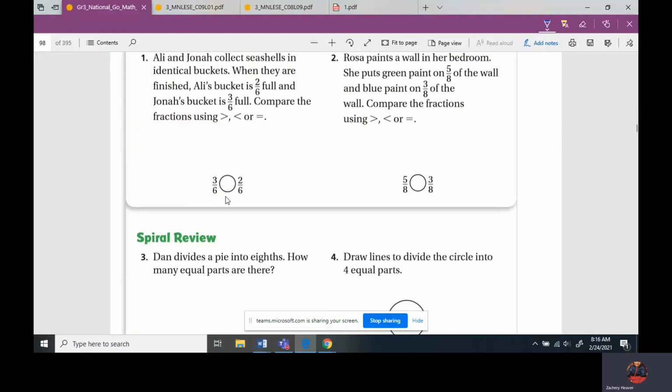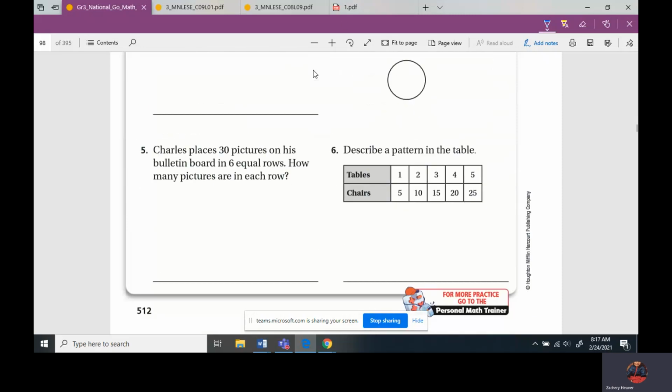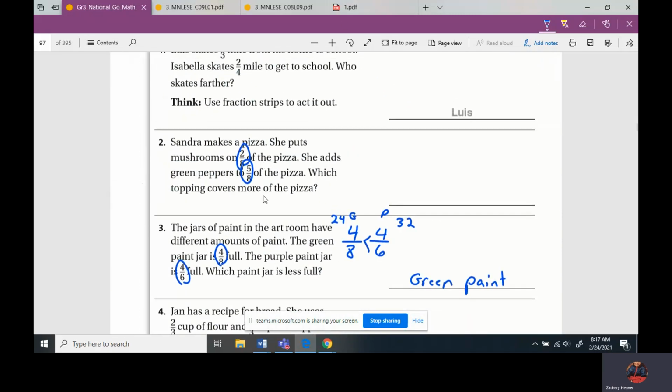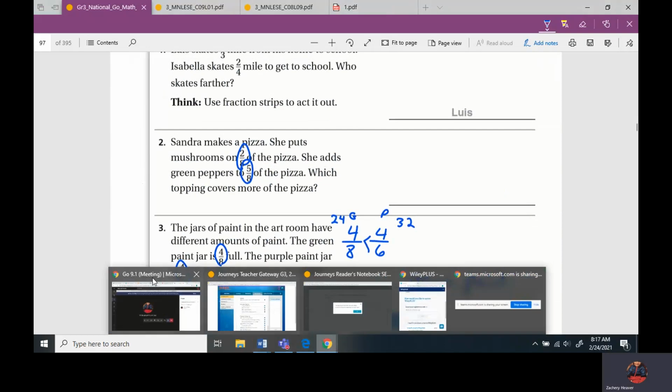Same denominator, so just look at the top number. We know that 3 is going to be greater than 2. Hint, hint. And the rest of it, guys, you should be pretty good, okay? I know this lesson might be a little difficult, but there's a bunch of strategies we're going to start utilizing, okay, to make it a little bit easier. All right, have a good one.